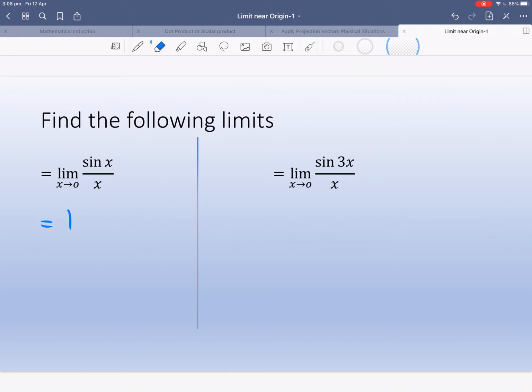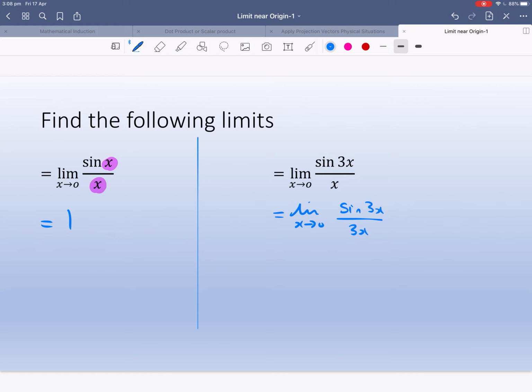Now, notice one thing here: this angle is the same as this number here. It's really important. I need to always convert before I can substitute x equals 0 into my function. I need to change the other thing, so in this case the denominator, to 3x.